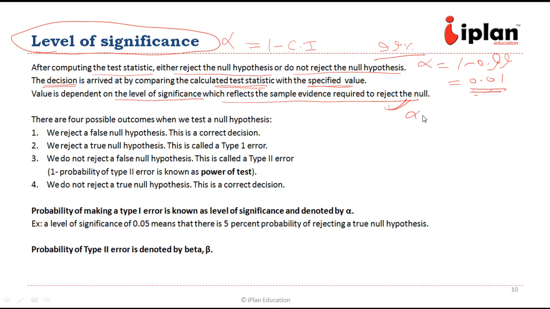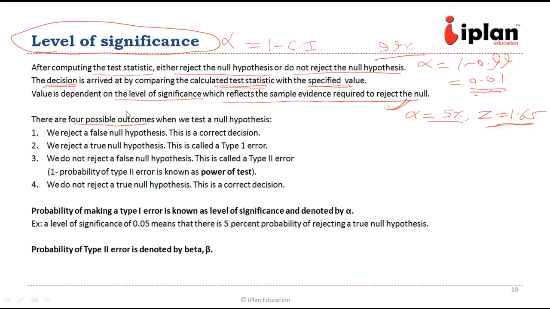For example, as we know, for a 5% significance level, the value of the z statistic is 1.65. So this is the critical value which we are going to compare with the test statistic in order to conclude the outcome of hypothesis testing.